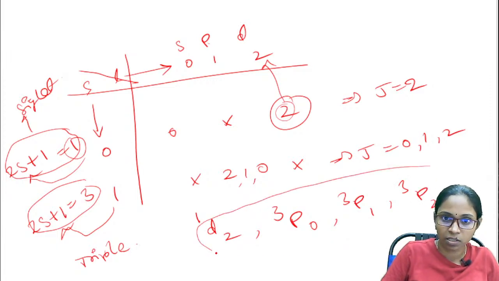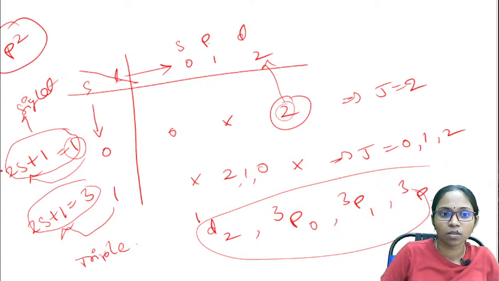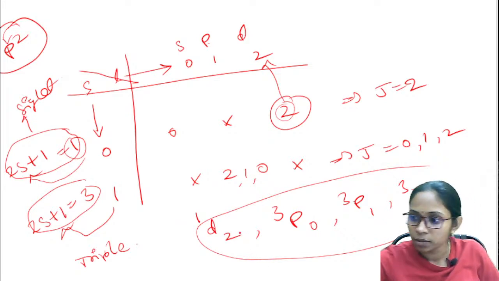These are the spectral terms for the p square orbital, right? Here in our p orbital we are having 2 electrons.